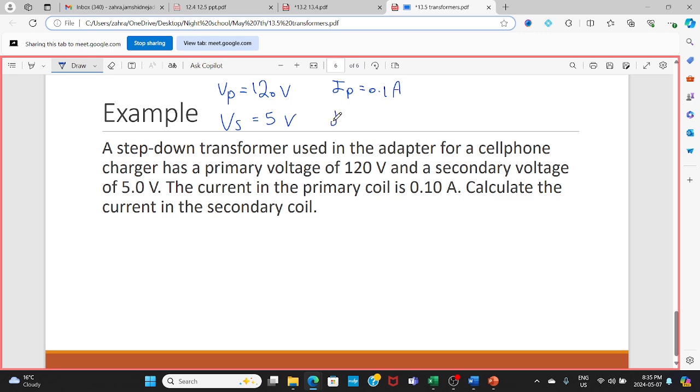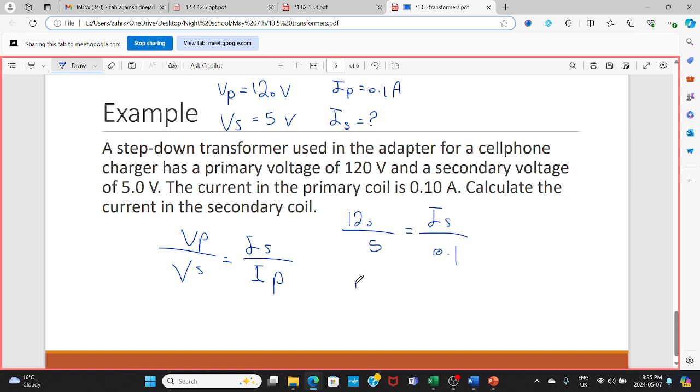Calculate the current in the secondary coil, IS. So we use that relationship, VP over VS is IS over IP. So VP is 120 volts, VS is 5, IS I want to find, and IP is 0.1.